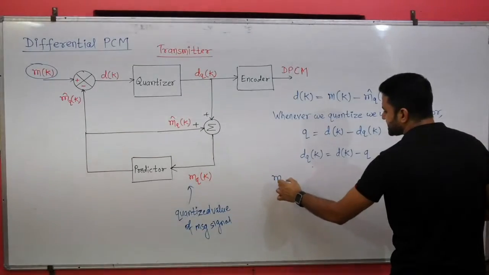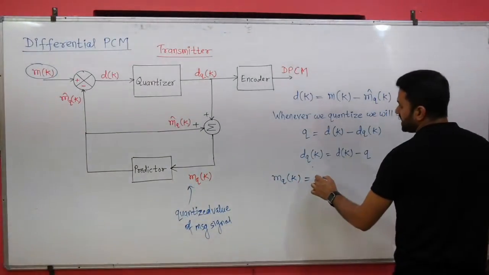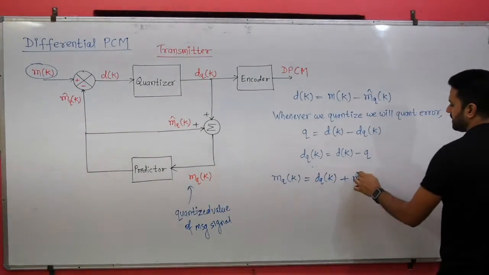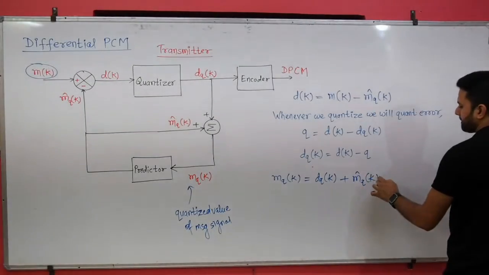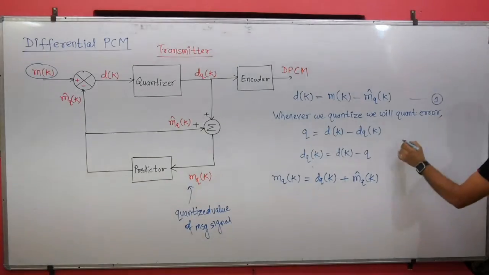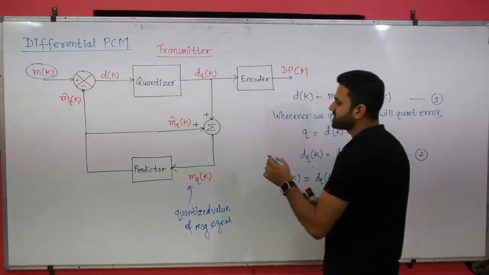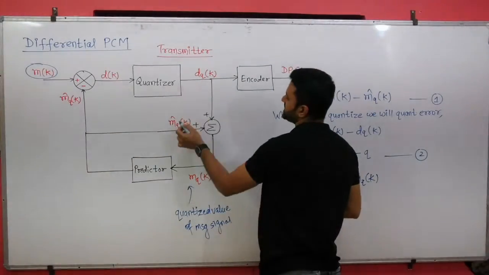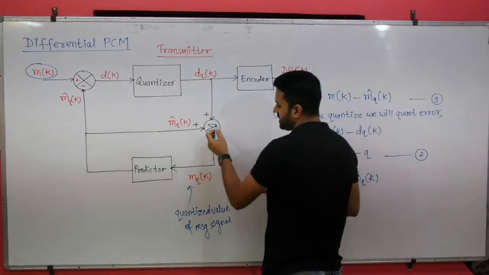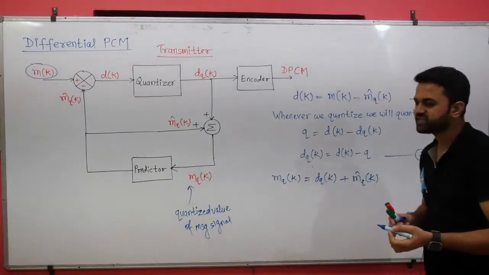Now from the diagram, MQK is the summation of DQK plus m cap QK. So we have these two equations, the first and the second. After this adder we have these two signals as input, so MQK will be the addition of these two signals.